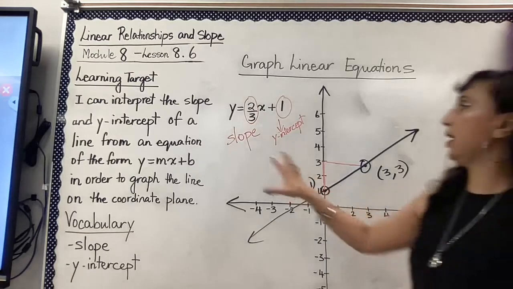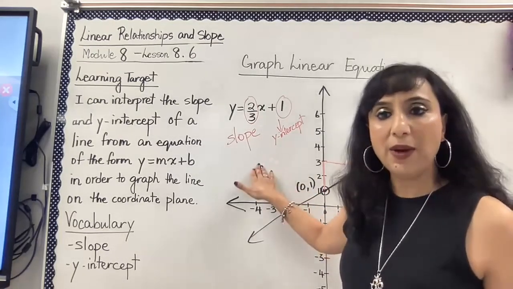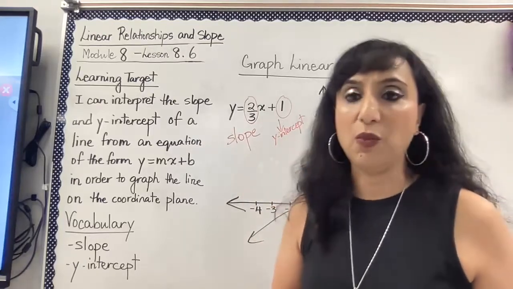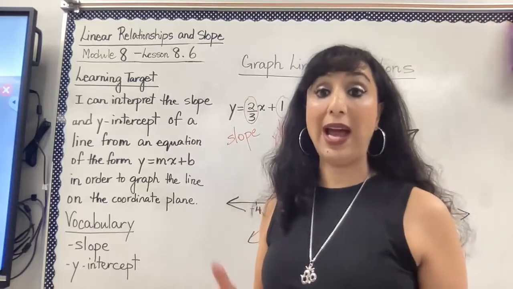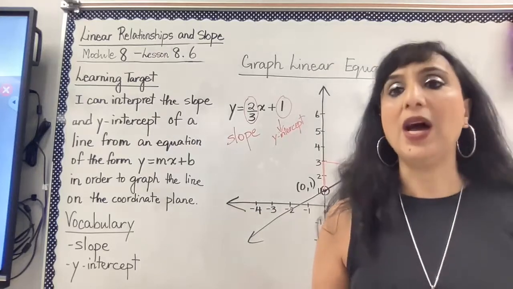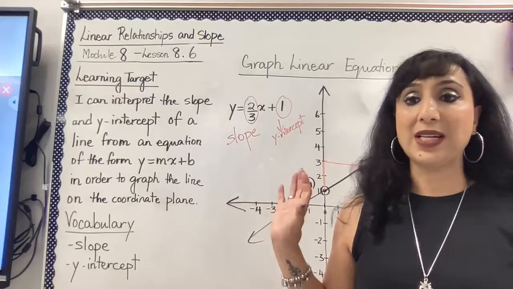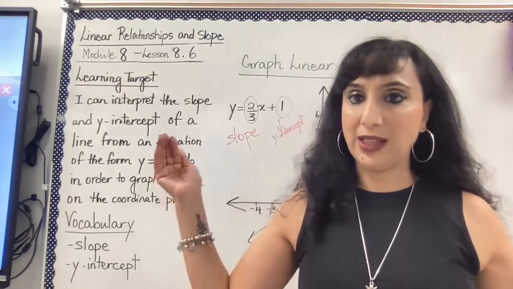So just remember again, I take the equation, I identify the slope, I identify the y-intercept. I first graph the y-intercept because that's where my line is going to cut the y-axis. And then using the slope, I am going to do the rise over run and plot another point, and then I'm just going to connect the dots.